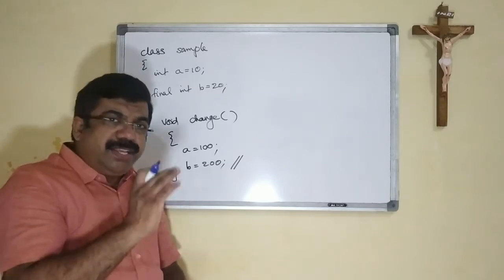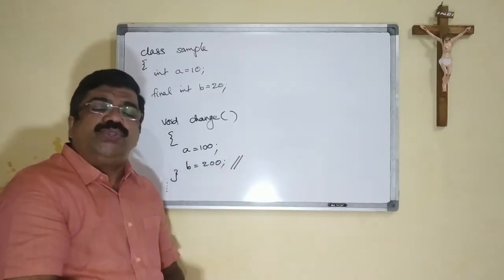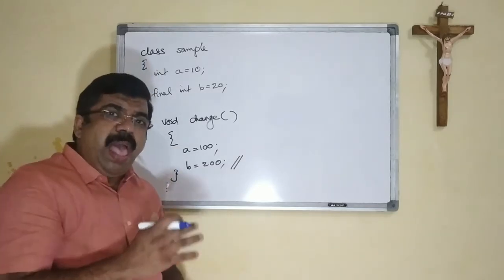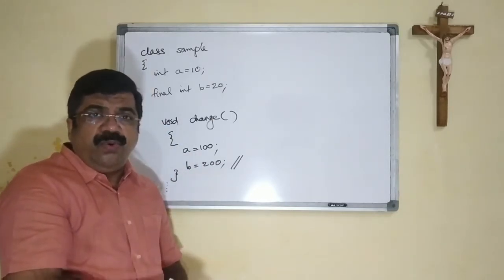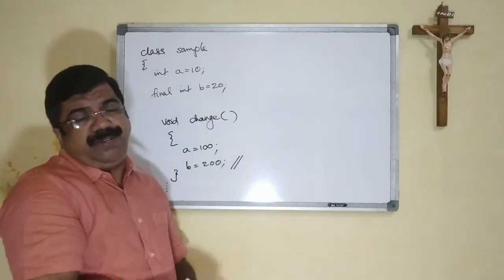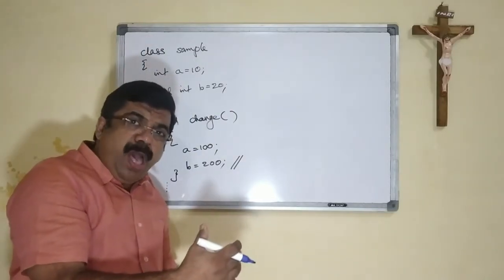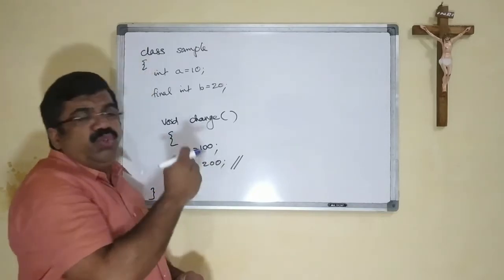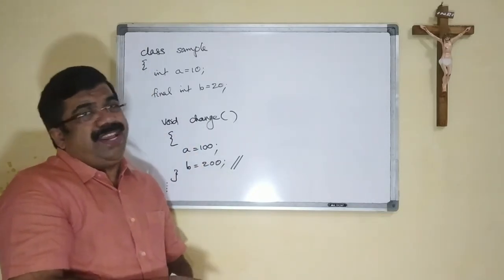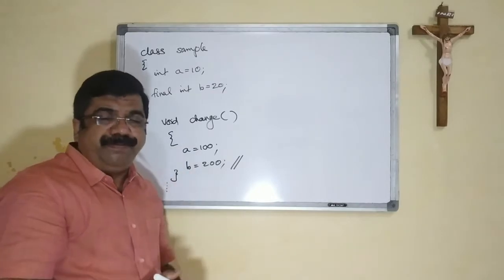Okay. Next, what we have to see is what will happen with the final keyword when we use it with a function. So what is going to happen with that particular function when we use the keyword final? Let's see.